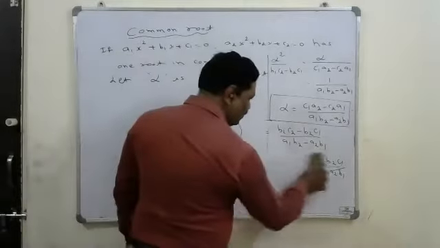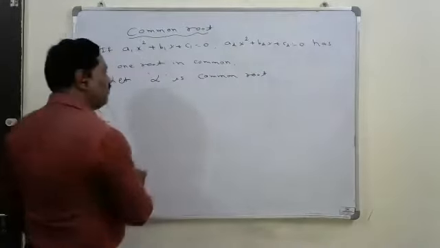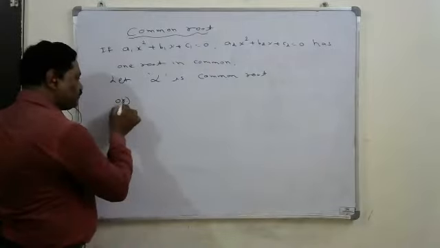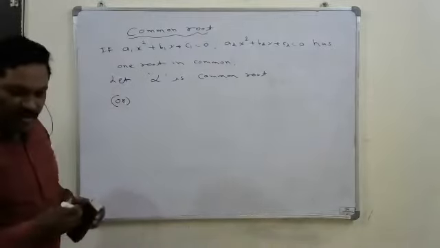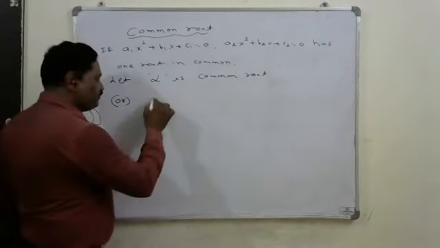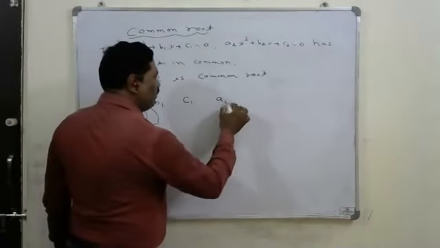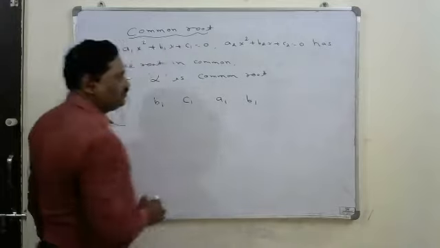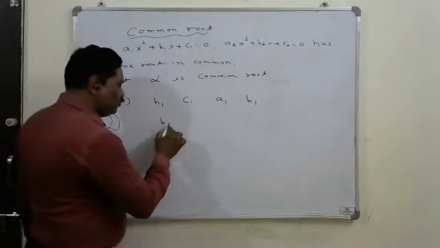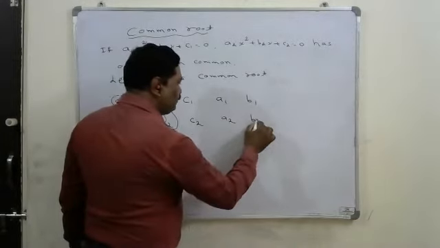First we will write this format: the coefficient of the middle term, B1, then the constant C1, then the first term A1, then B1 for the first equation. Similarly for the second equation, you will write B2, C2, A2, B2.